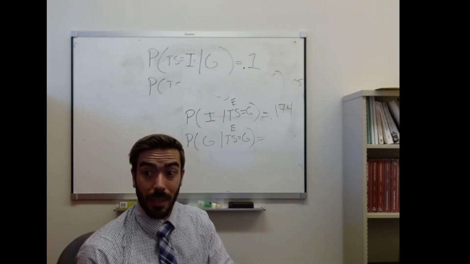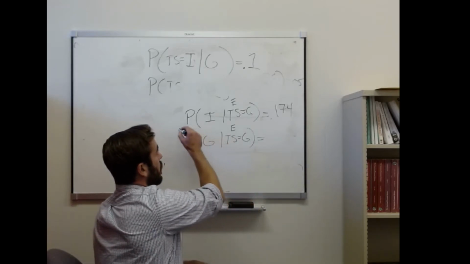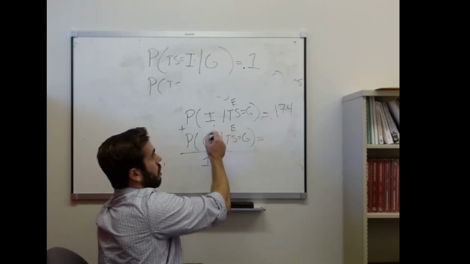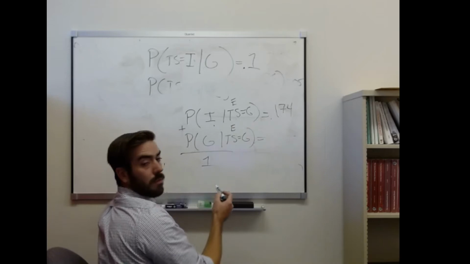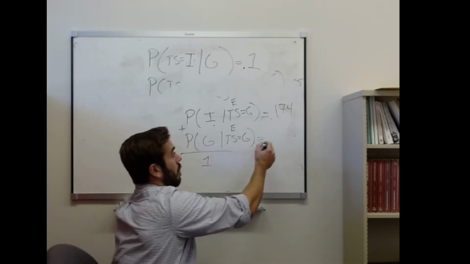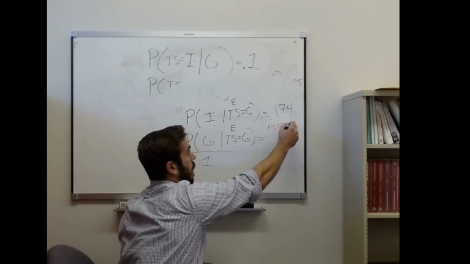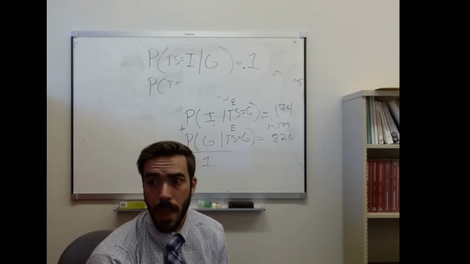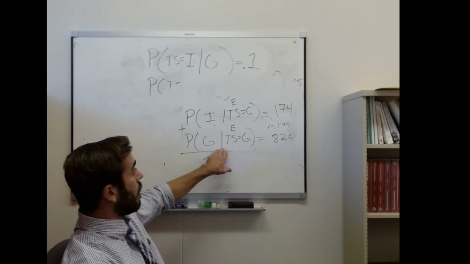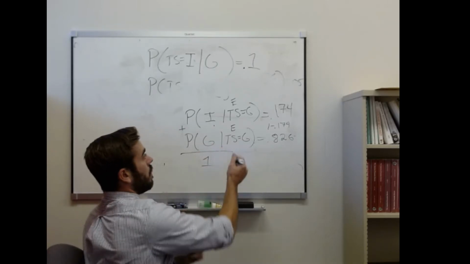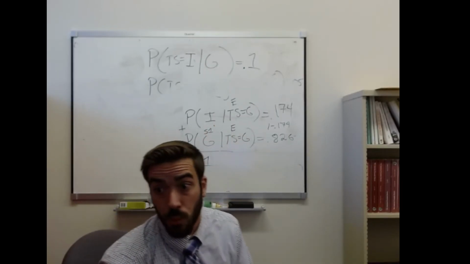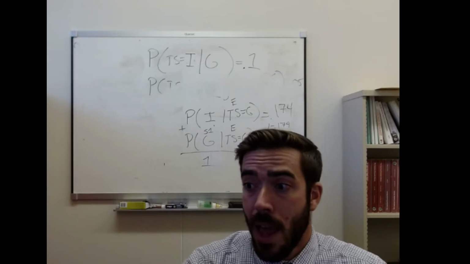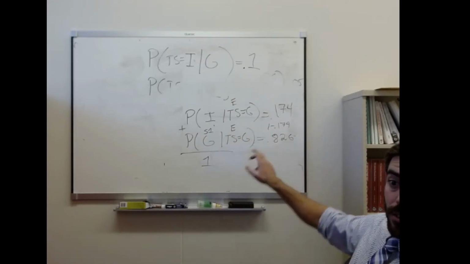So the probability that they're guilty, conditioning on that same thing, would have to add up to 1 with the probability they're innocent. So the probability that they're actually guilty would just be 1 minus that, or 0.826. Now I could rewrite this, use this as my E and this as my S1, and rewrite out Bayes' theorem, go through a much longer process, and I'd still find 0.826.